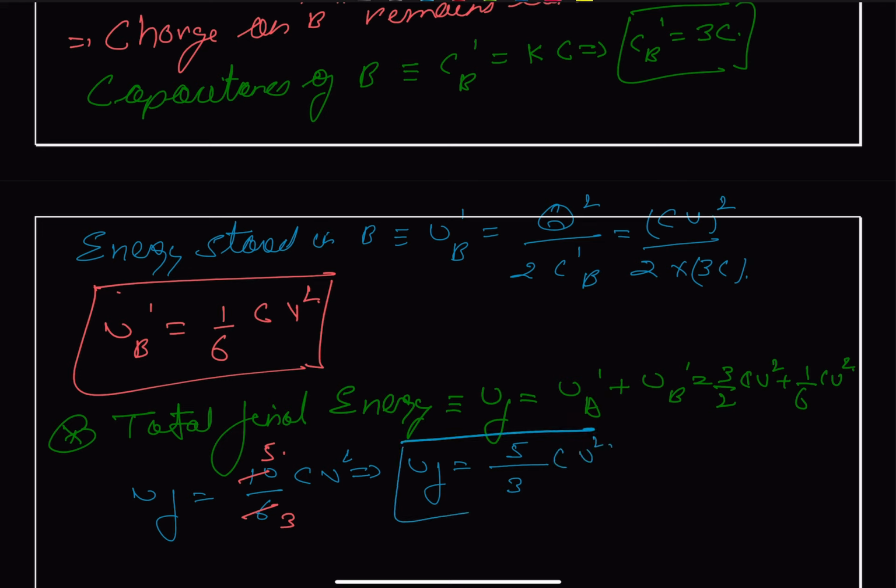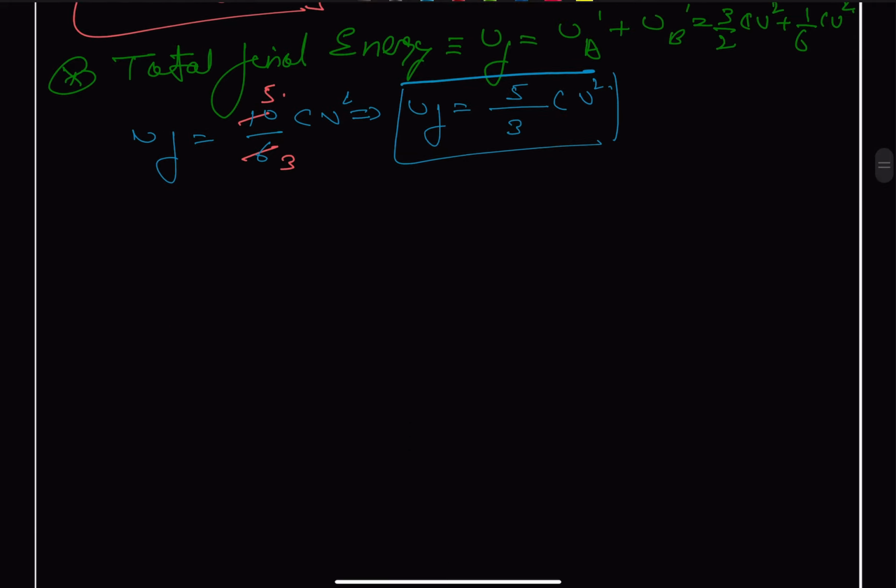So we found out our initial energy and final energy, that is before the switch is closed and after the switch is opened, along with the insertion of the dielectric. Therefore, we get the ratio of initial energy to final energy.